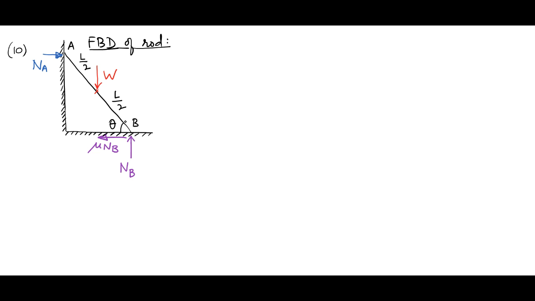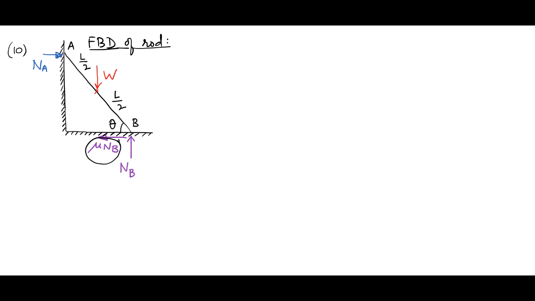Now one may wonder, where in this FBD have I used the data given in the question, that theta is minimum. I've used it over here. When we say that the friction is equal to the limiting friction, it means that the object at that point is about to slip.